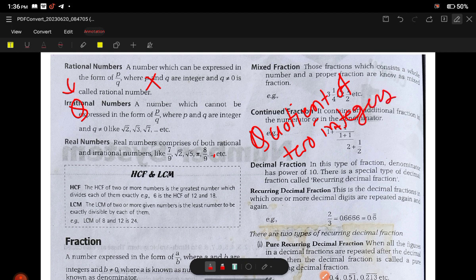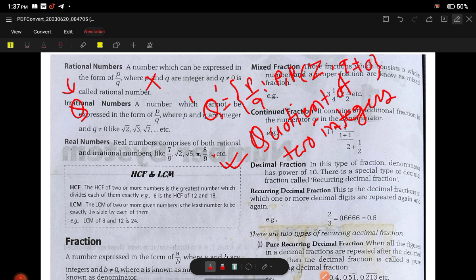That is why the set of rational numbers is denoted by Q, where Q is equal to p upon q such that p, q belong to Z, meaning integers, and q is not equal to 0.